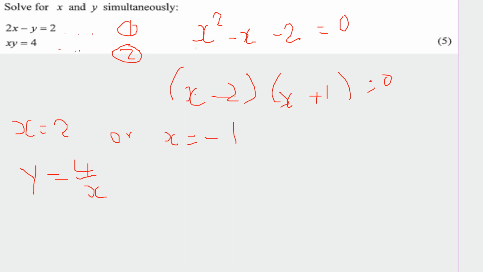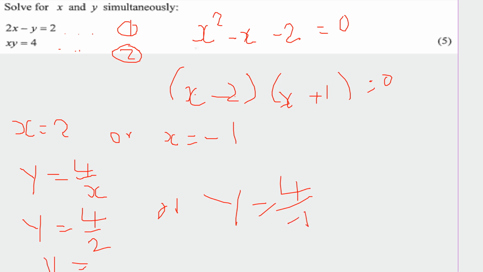Your x is 2. You substitute your x as 2, 4 over 2. Or when your x is what? When your x is minus 1. So it's going to be 4 divided by minus 1. So your value of y will be 2. And then your value of y will be minus 4.